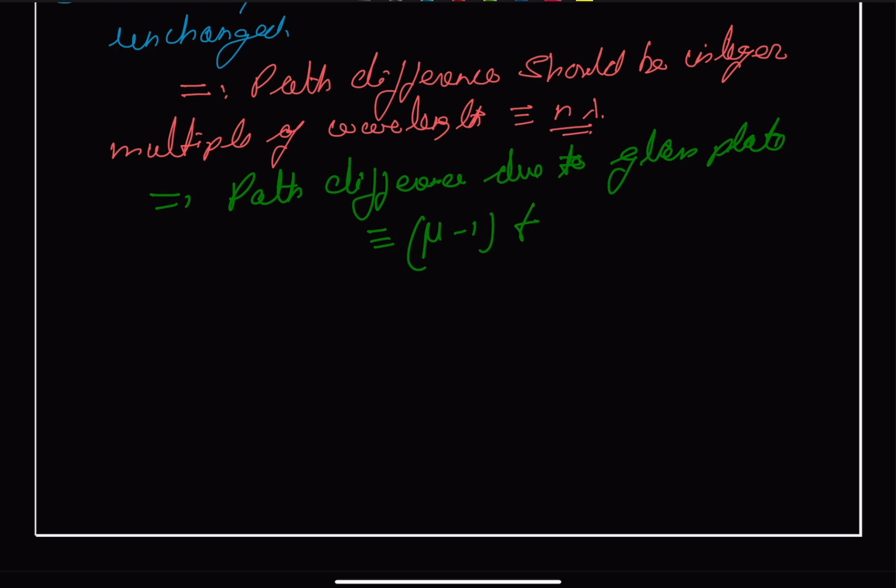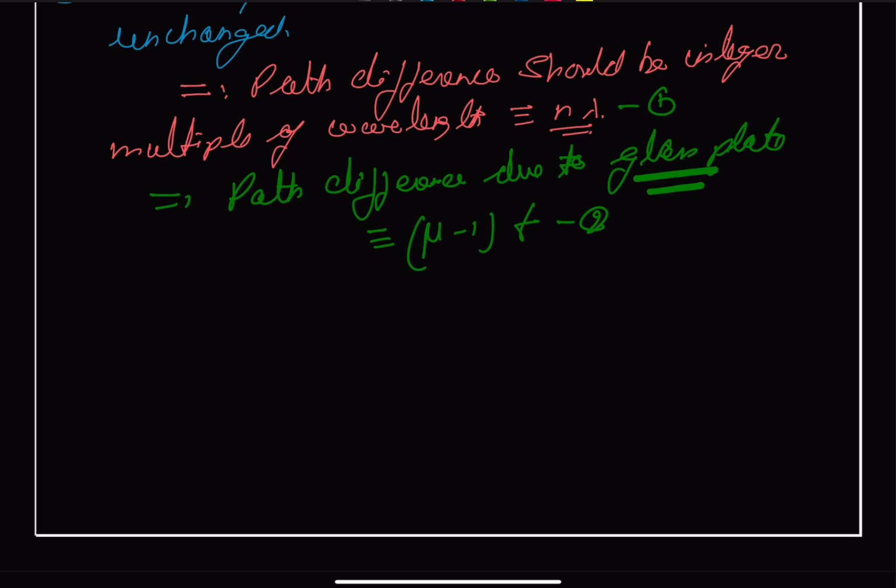These two path differences, equation 1 and equation 2, are representations of the path difference: one in terms of the multiple of wavelength and another in terms of the glass plate.